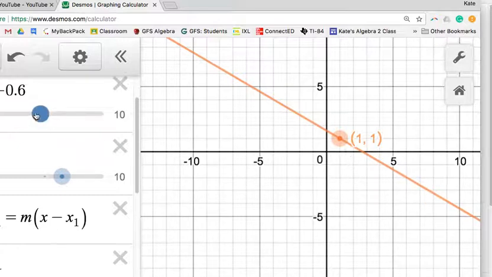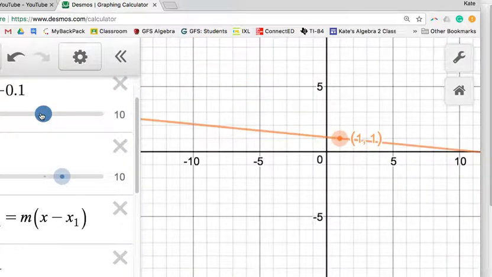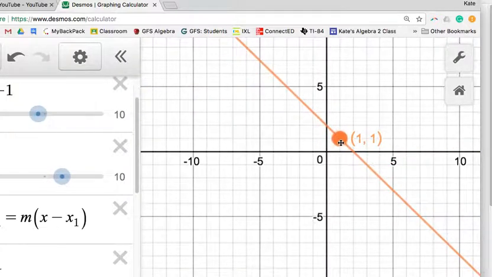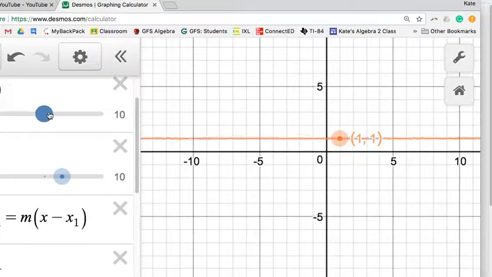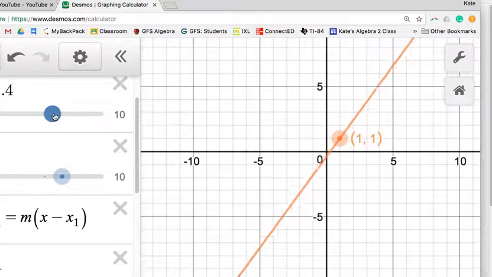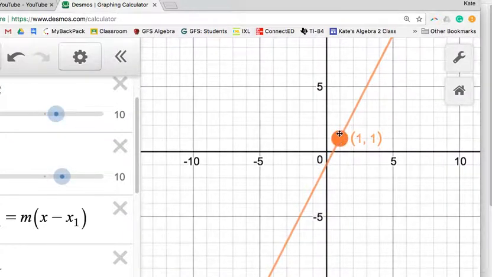So we might say that that line travels down one step for every one pace over that you take, right? The change is down one for every one step over. Or maybe it's a positive one slope. Maybe it goes up one for every one step that you go over, right? Maybe it's a steeper line. It goes up 2 for every one that you go over.